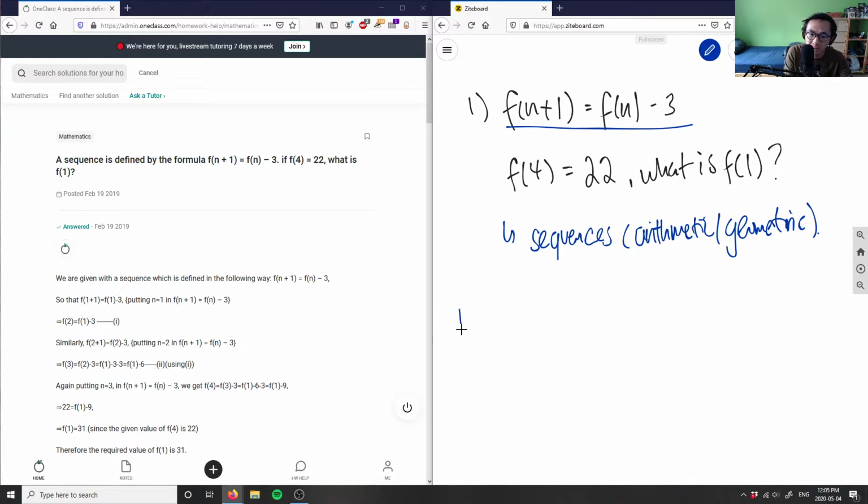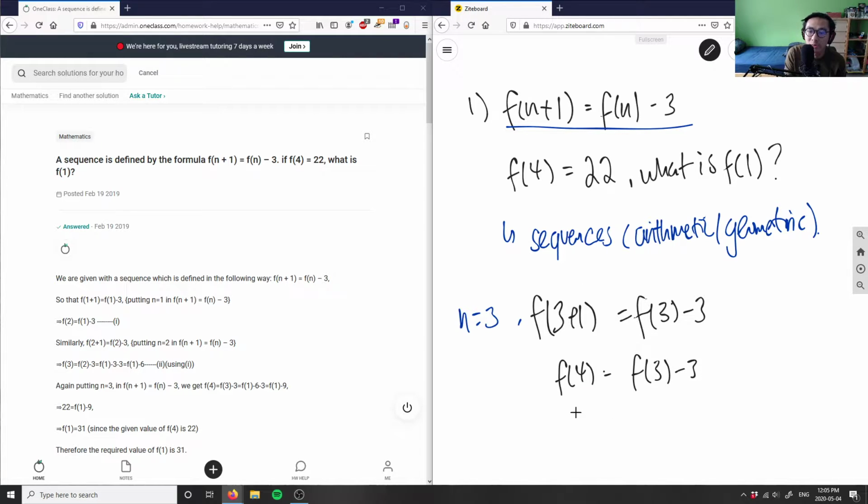If n equals 3, we have f of 3 plus 1, which is f of 4, equals f of 3 minus 3.